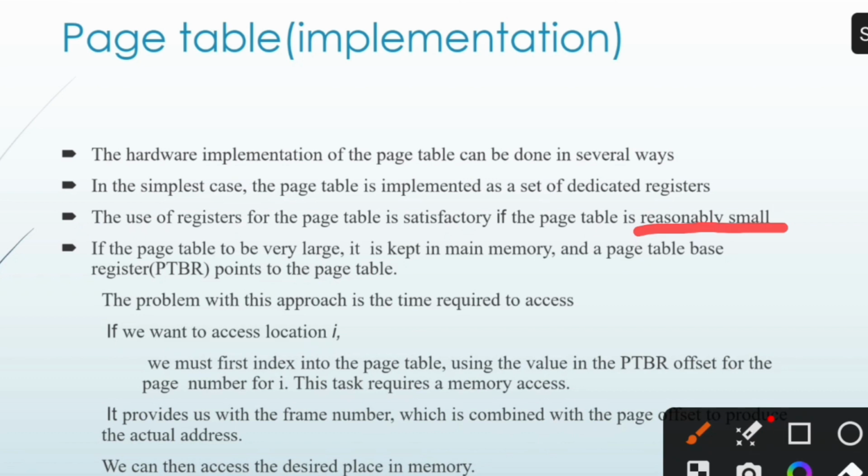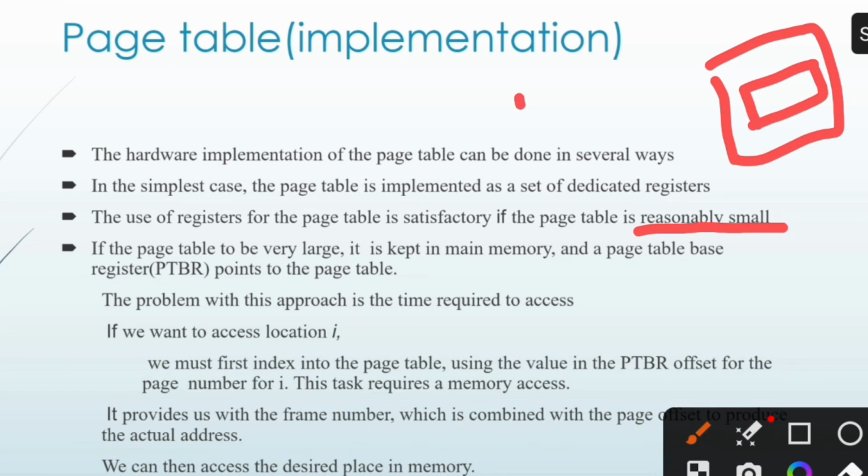Next case is to keep the page table in main memory, and the page table base register, that is PTBR, points to the page table. Here, instead of using dedicated registers, we keep the page table in main memory and a register called the page table base register points to it.